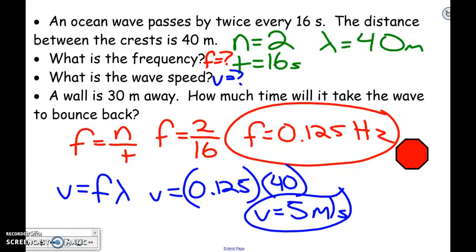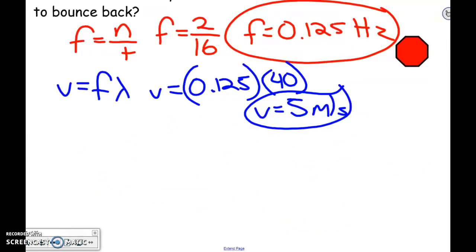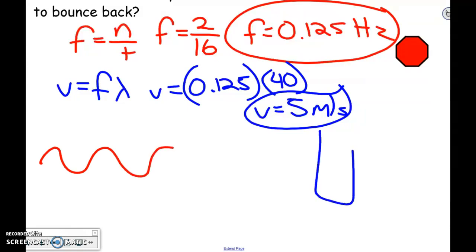The very last question here. This actually refers to the very first equation we learned together. A wall is 30 meters away. How much time will it take the wave to bounce back? So in this case here, here's your wave. It's a beautiful wave. And here's the wall. Boom. Beautiful.